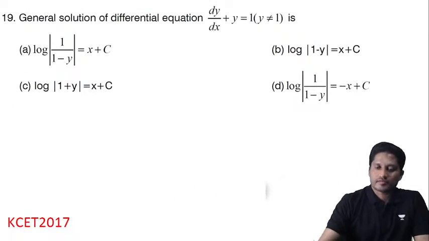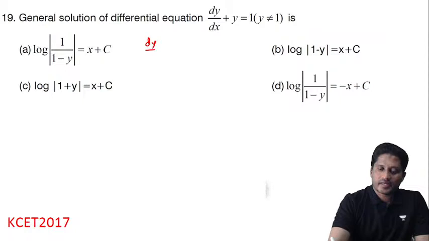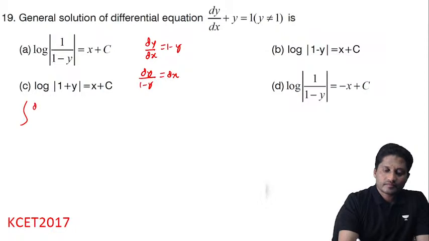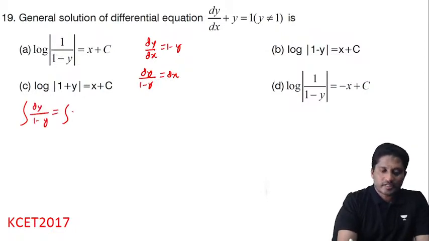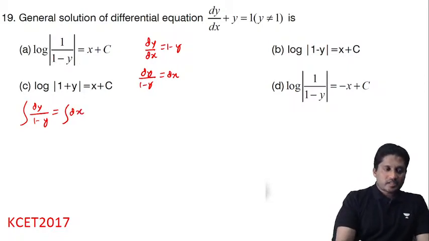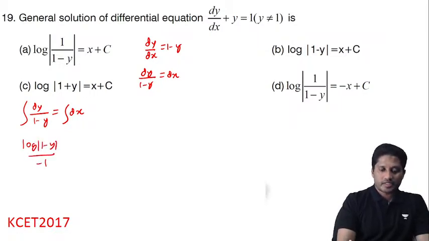What is the general solution of this equation? I can write dy by dx is equal to 1 minus y. So dy upon 1 minus y is equal to dx. Now if I integrate, integral of dy by 1 minus y equals integral of dx. Integration of 1 by x is log x, so log of 1 minus y, with the coefficient of y being minus 1, divided by minus 1.